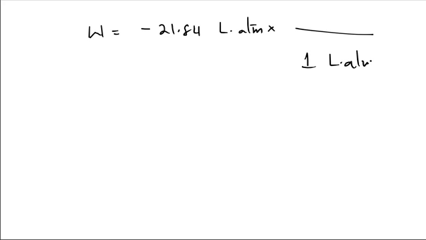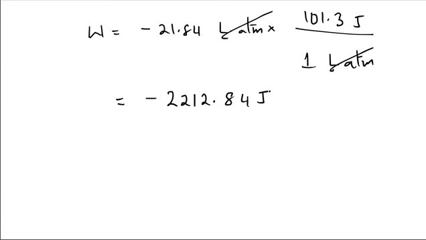So what is that in joules? The work done is equal to negative 21.84 liter atmospheres times 101.3 joules per 1 liter atmosphere. The liter atmosphere will cancel out, and I got negative 2212.84 joules of work done by the system.